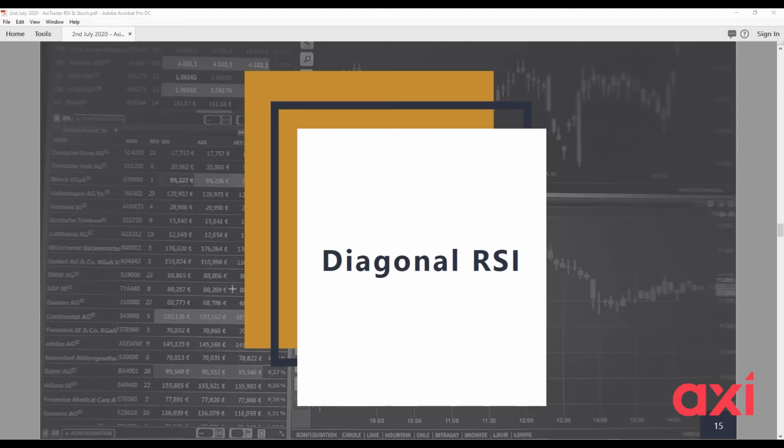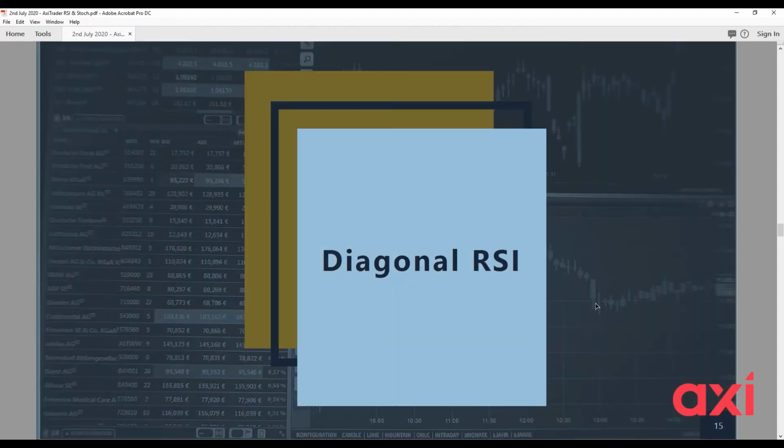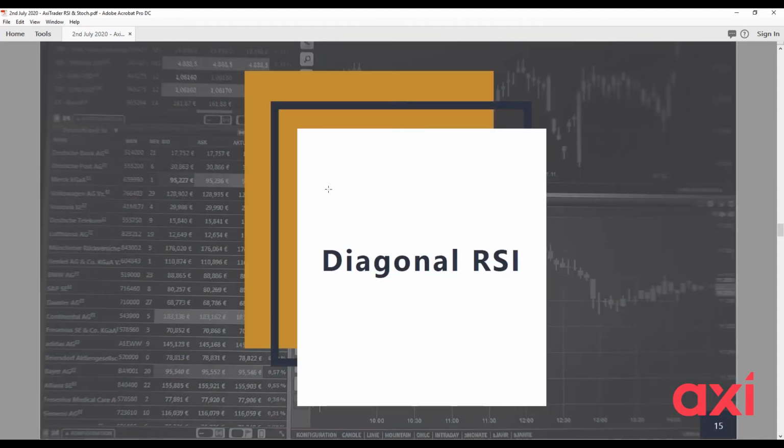A lot of people look at RSI as horizontal levels, right? It's always just a horizontal level, it's never a diagonal level, right? But again, no one has ever said that RSI and stochastic is meant to be horizontal.